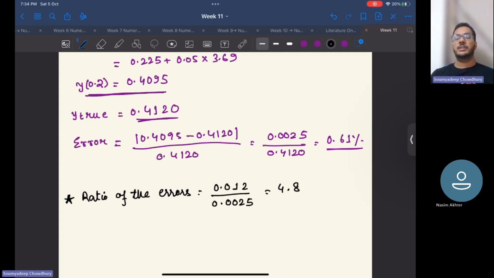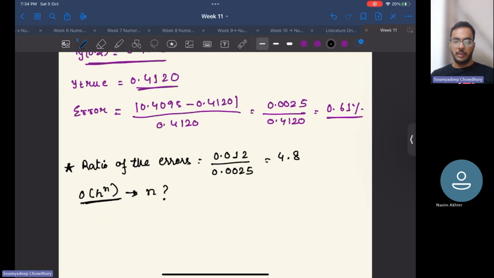Now we say that any numerical method is accurate up to, say, O of h, then O of h square, O of h cube. So we are saying here that this method RK2 is accurate to, say, O of h power n, and we want to find the value of n here. So how do we do that? What do we mean by it being O of h square accurate?